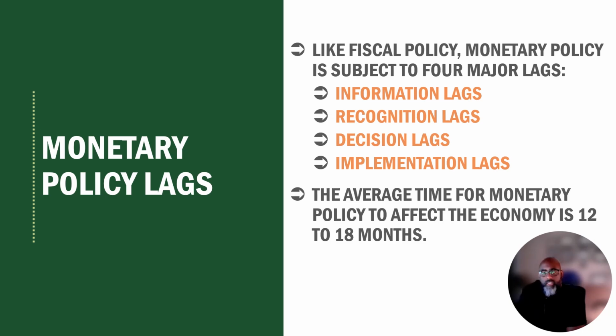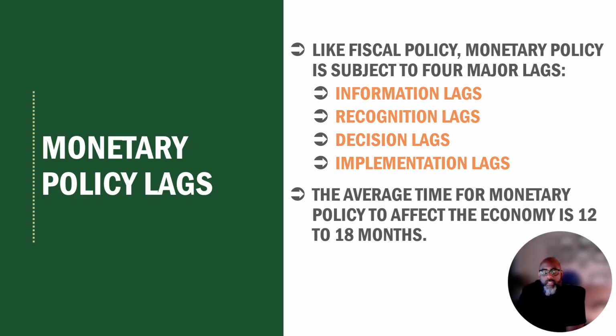Second, we face recognition lags. A single dip in GDP or inflation doesn't necessarily indicate a recession or overheating economic conditions. Policymakers must be cautious in distinguishing temporary fluctuations from genuine long-term changes.